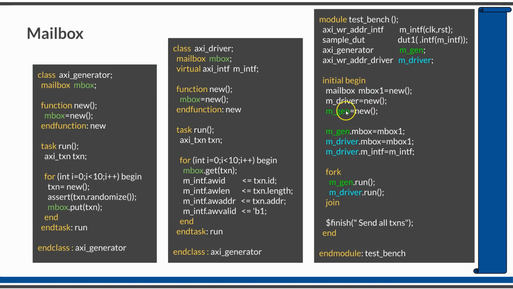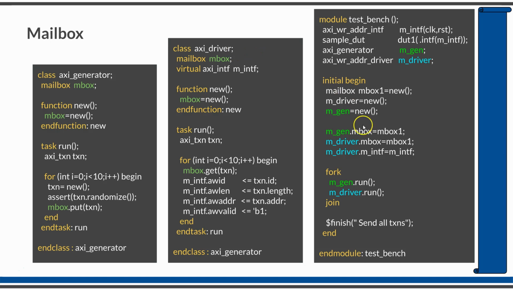The next step is you need to call the run task. Before calling the run task, you need to connect this driver and generator together, because the mailbox object within the generator class and the mailbox object within the driver class are different objects, and you need to make a connection between them, or make them the same pointer.